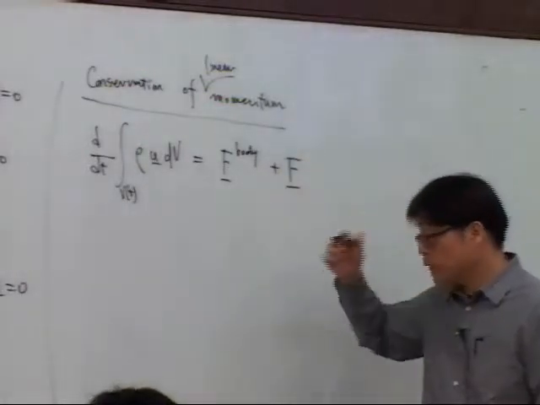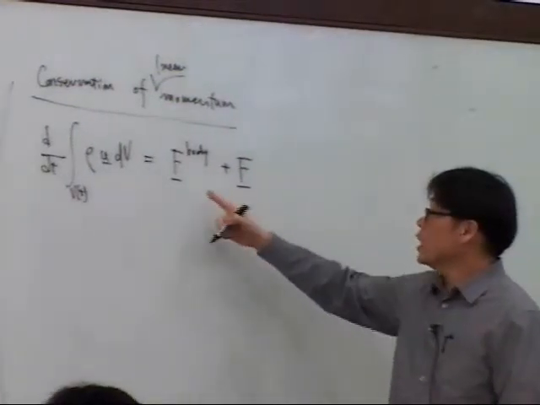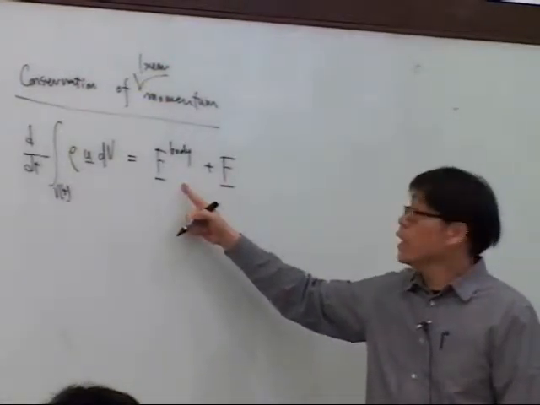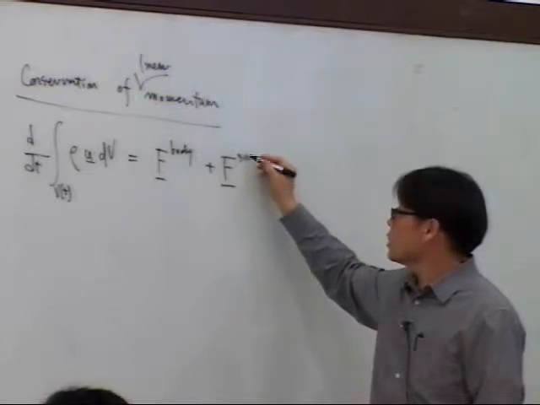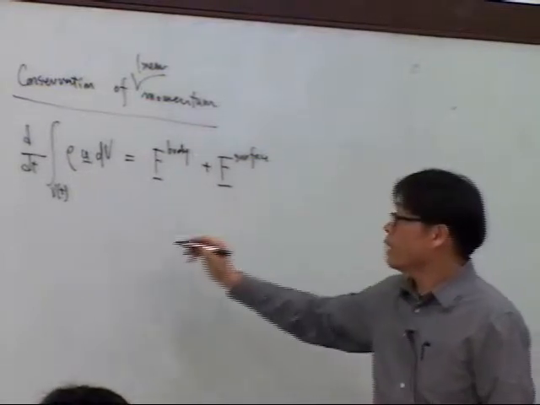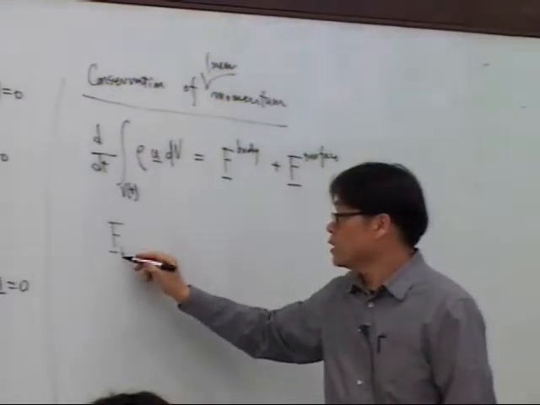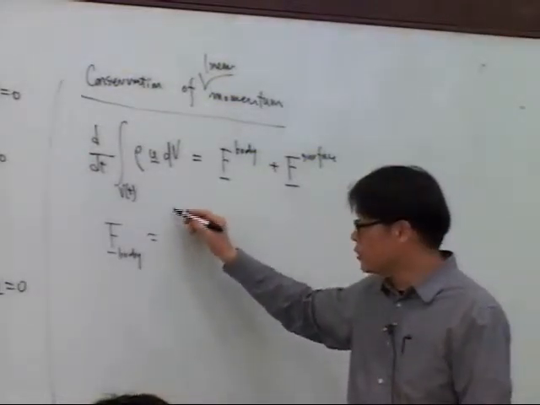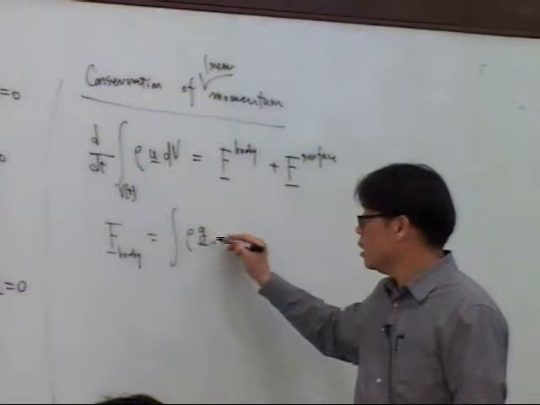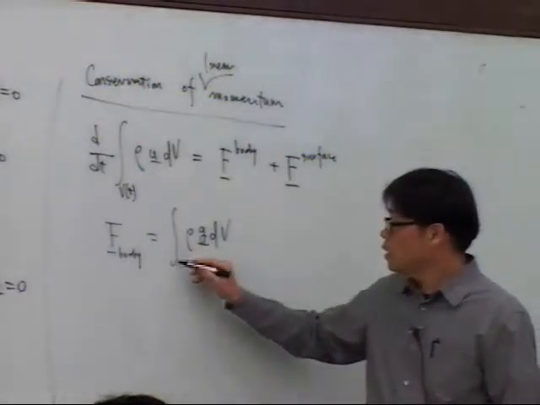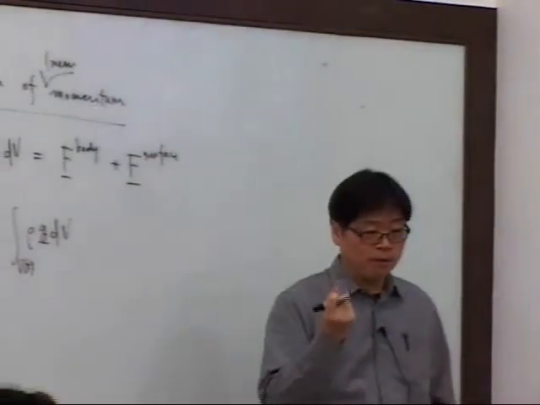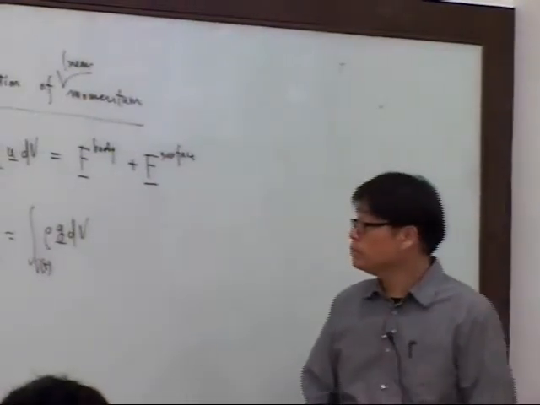So if you have force applied to the fluid, then momentum can be changed, and the force can be divided into two parts. One is body, and the other is surface. And F body is typically due to the gravitational acceleration. Right, so this is just the weight of the fluid.